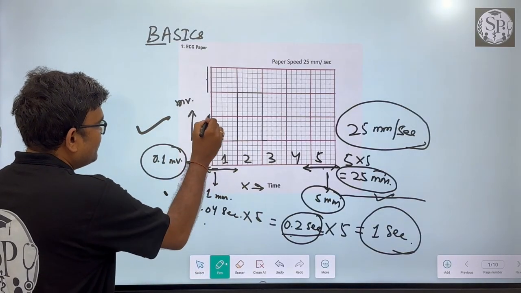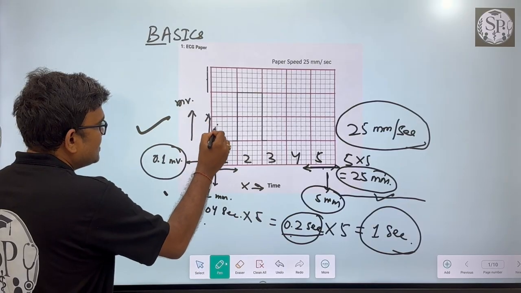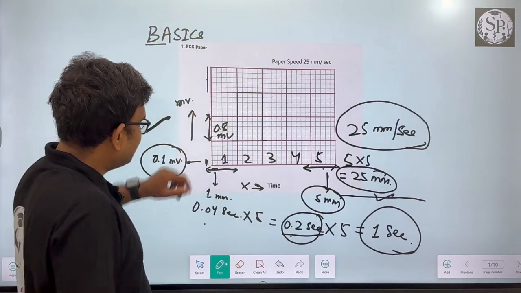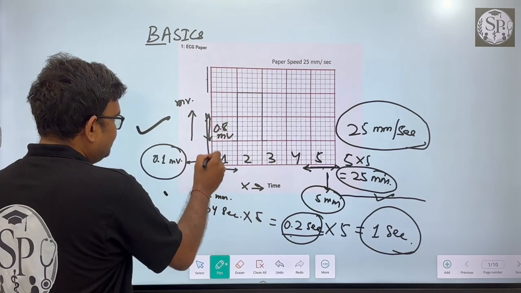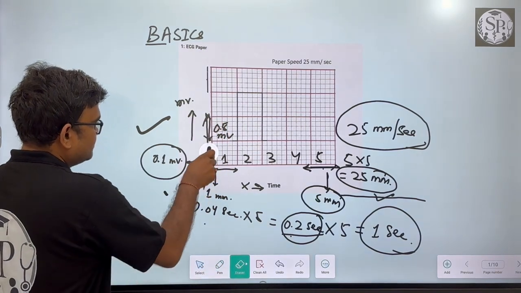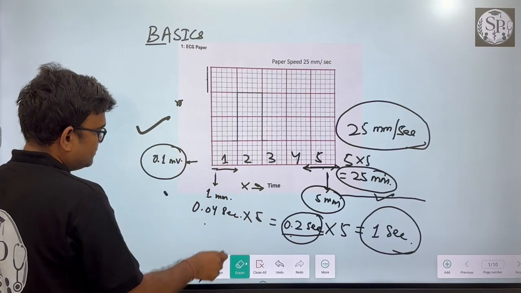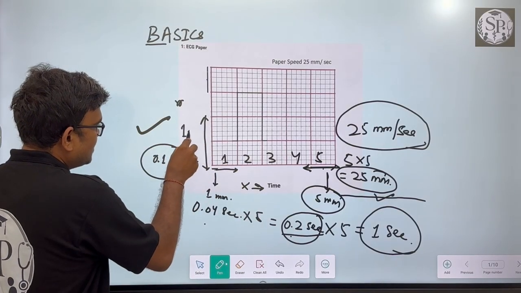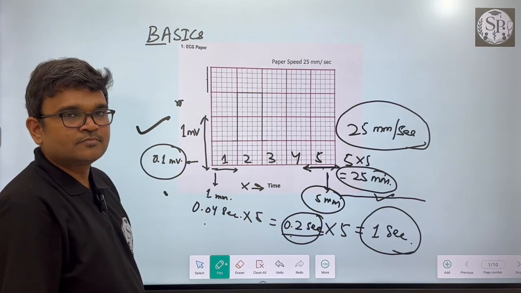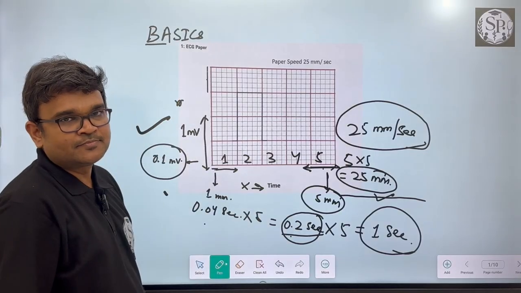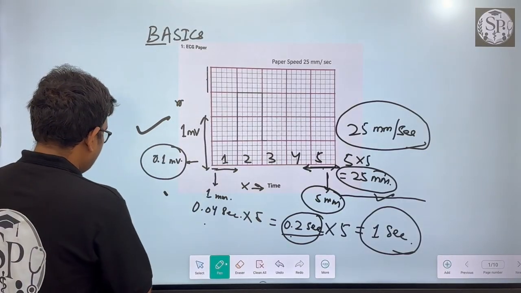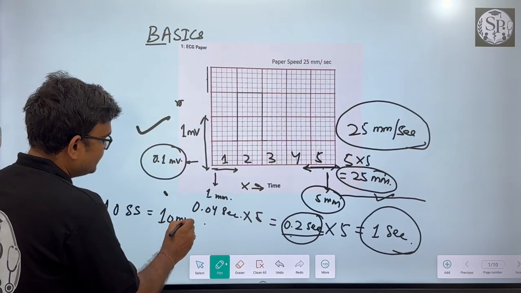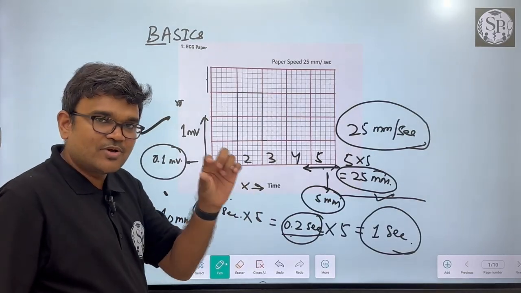So 5 small squares is 0.5 millivolt, and 10 small squares is 1 millivolt. 10 small squares is 10 mm, because each small square is 1 mm.